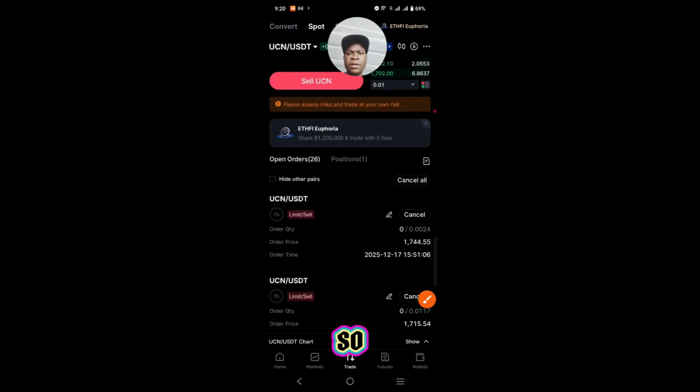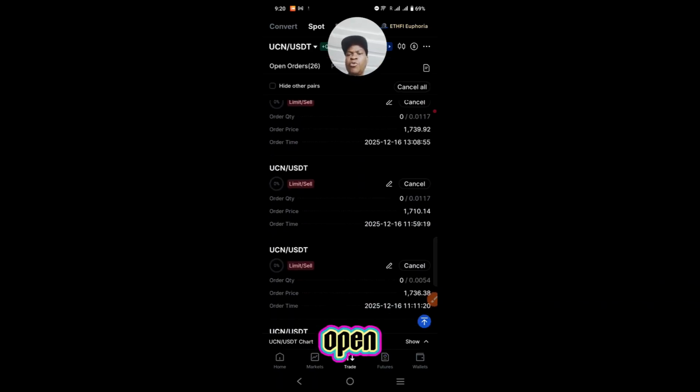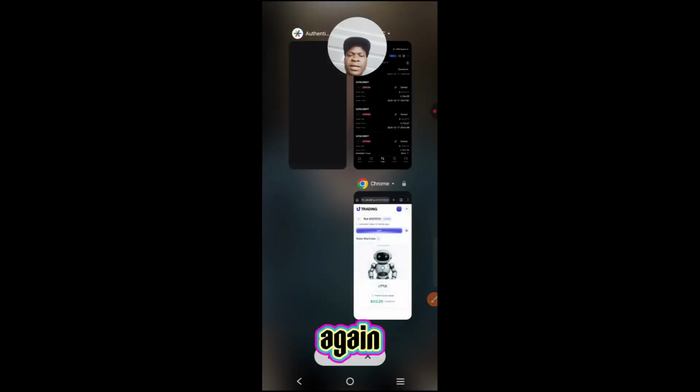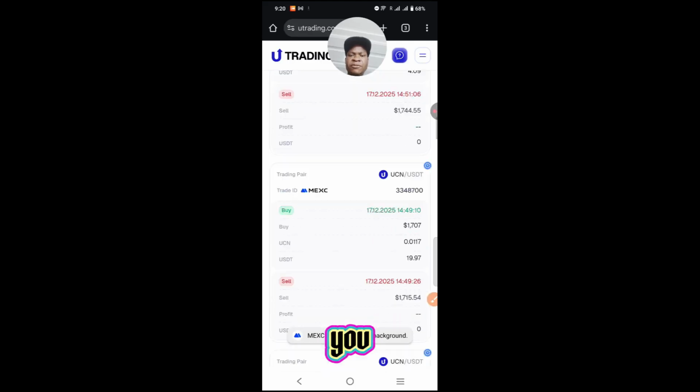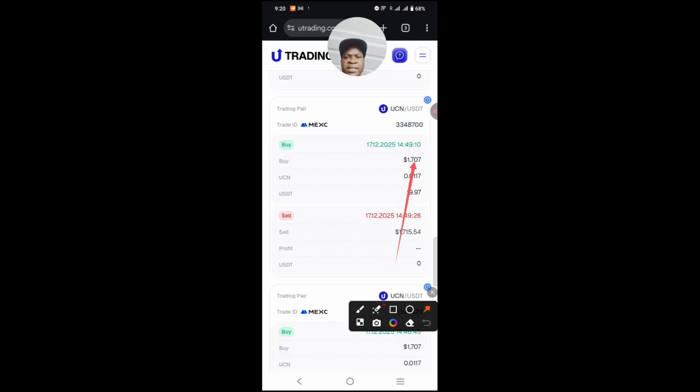So if you look down, these are all open orders, like we saw. These are open orders to sell because the robot has purchased already at a certain price. I can also show you here again. If you come back here, you see the orders where the price at which the robot bought, the time and date of the transaction, the amount that was spent for that particular trade, right?